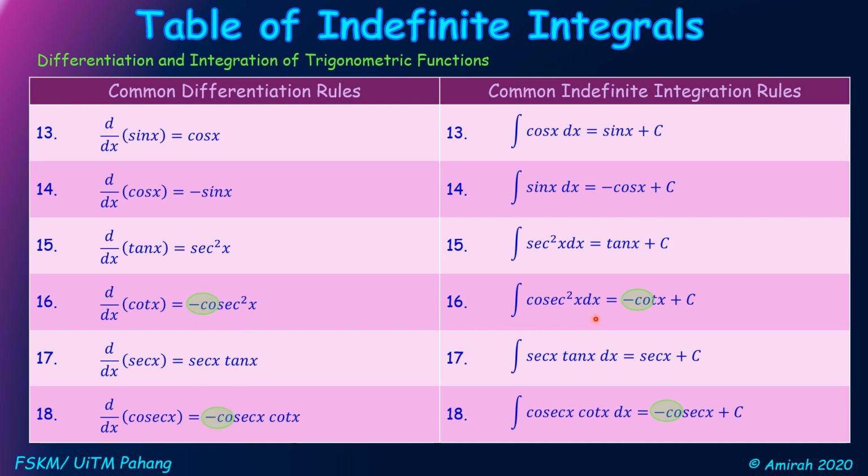And for integration also, when the answer starts from co, we have a negative sign here. We have 3 negative signs for integration and 3 negative signs for differentiation rules.